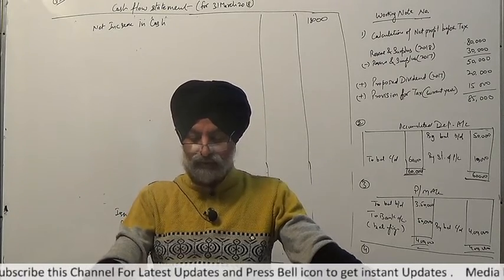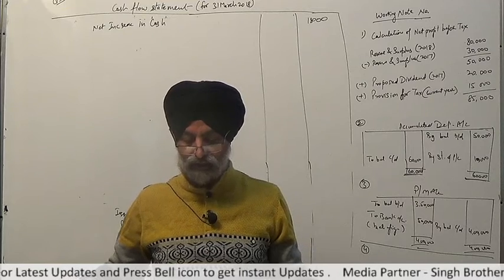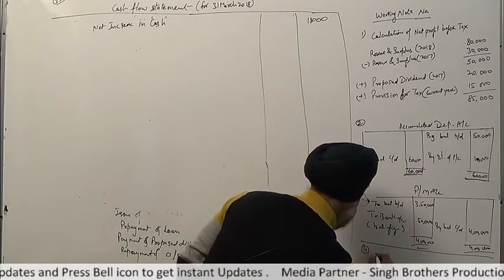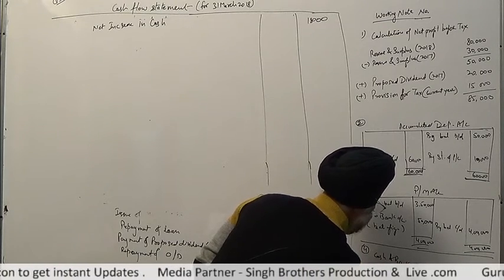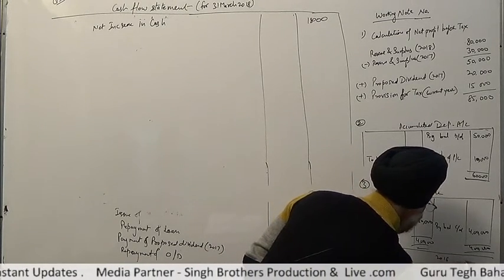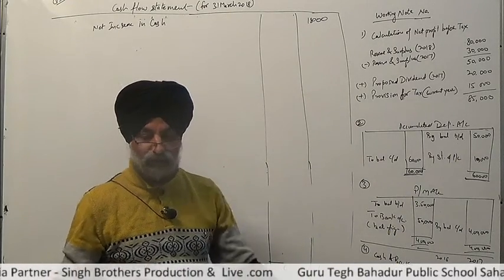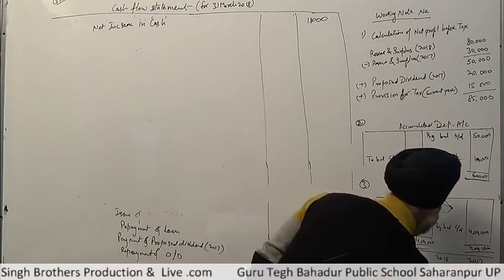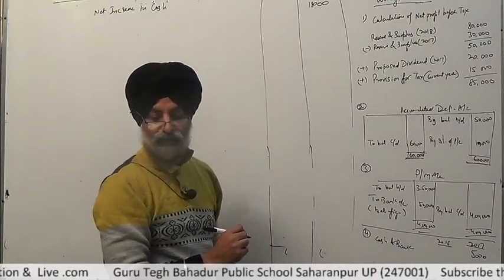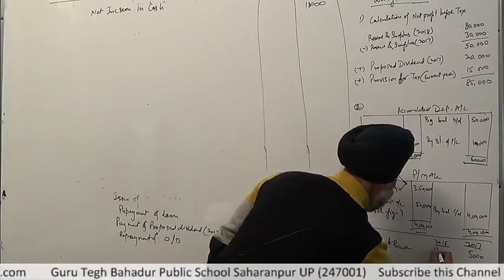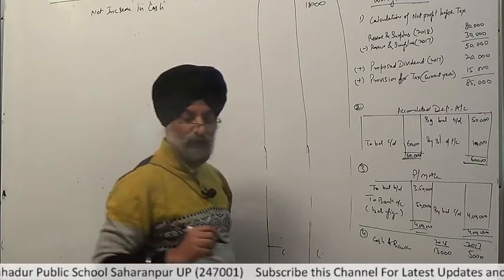Cash at the bank in 2017 it is 5,000 and in 2018 it is 13,000, and current investments are also here.